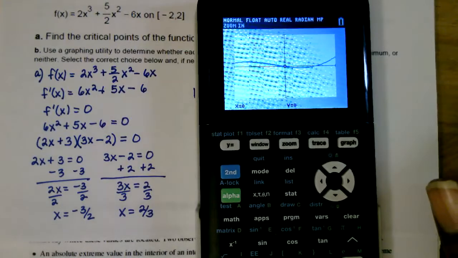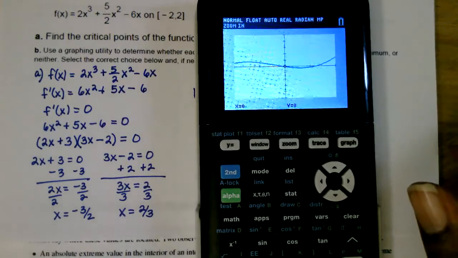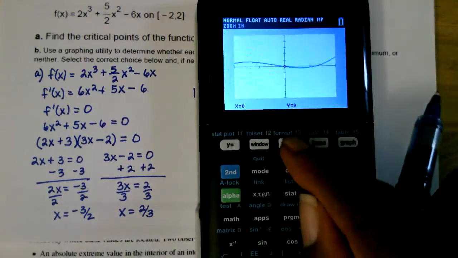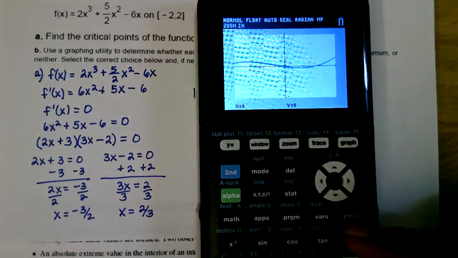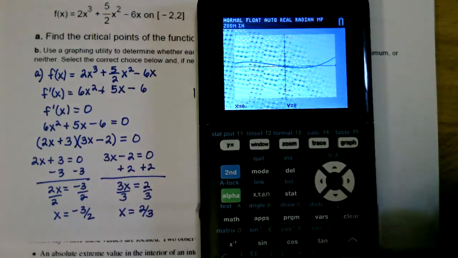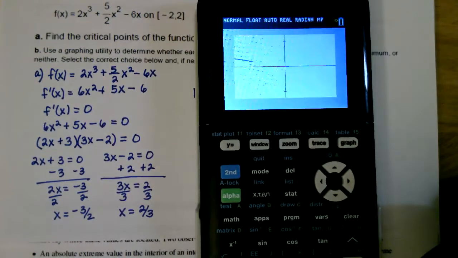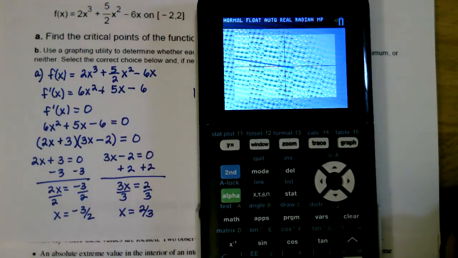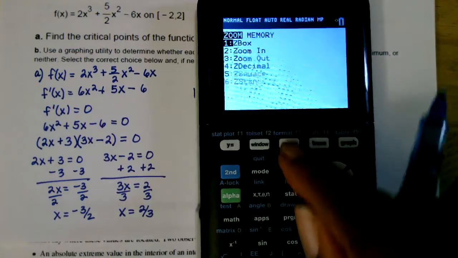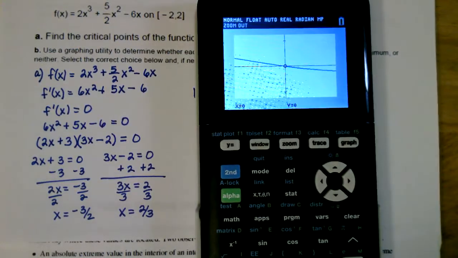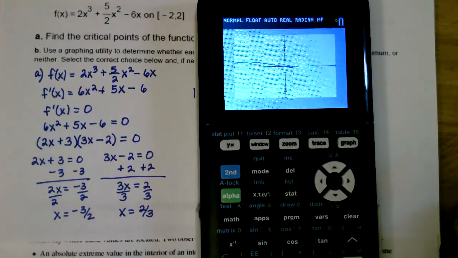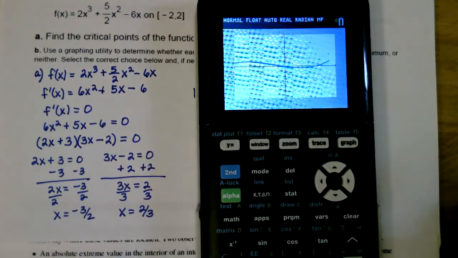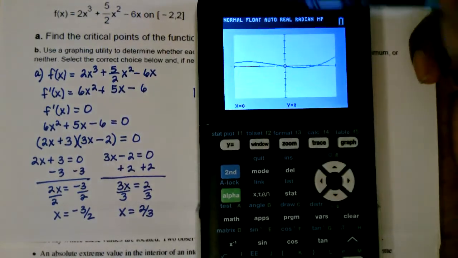Okay, that's a little bit better. We'll zoom in some more. Okay, guess that's going to be the best we can do here.